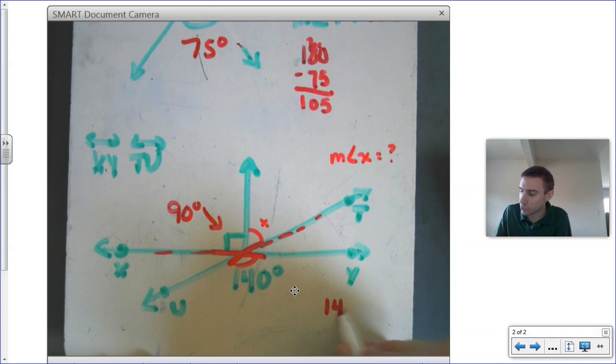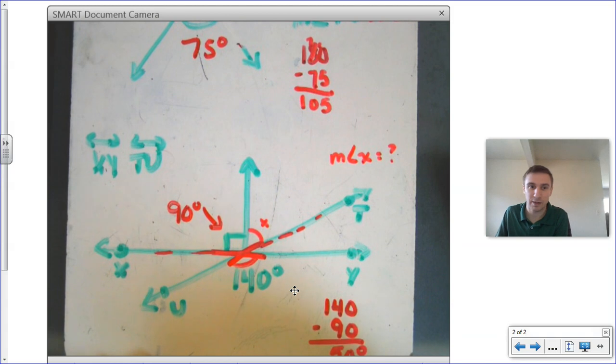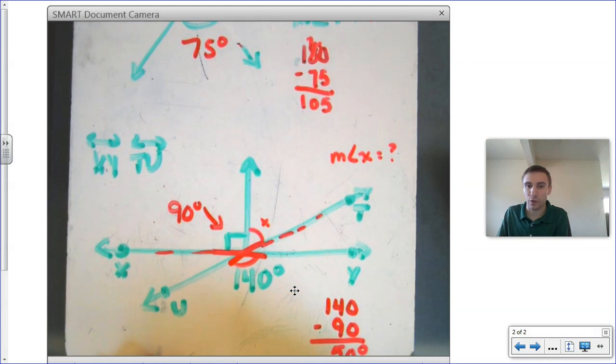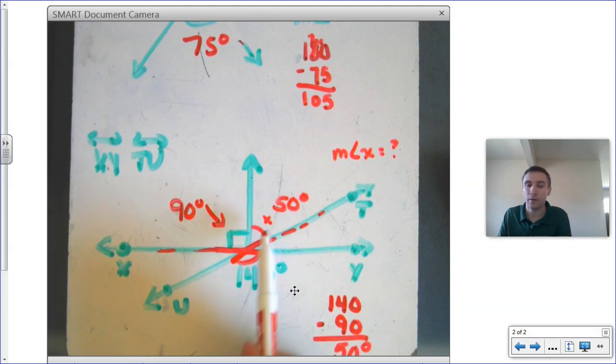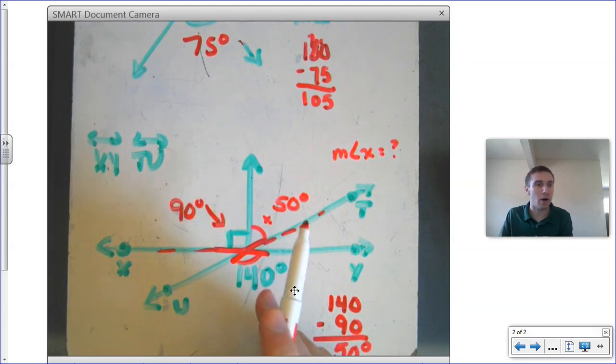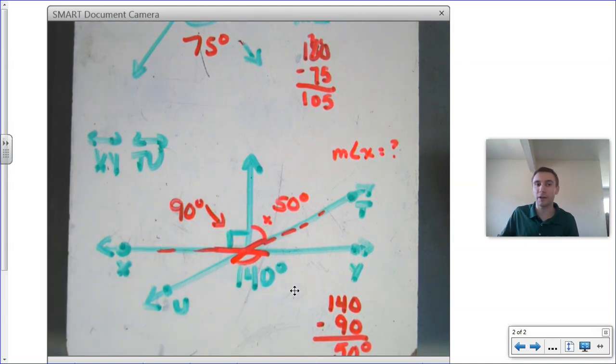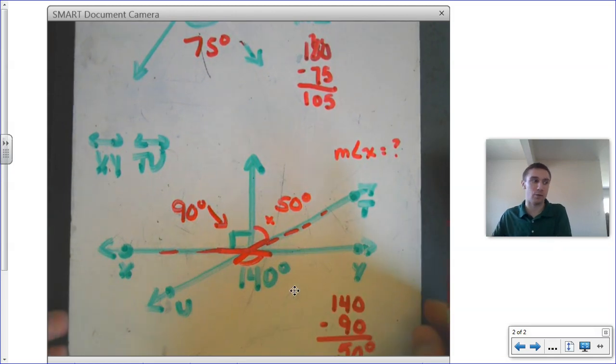I can do 140 minus 90 and get 50 degrees. So vertical angles can help me figure out missing angles within other vertical angles. So they're a very convenient way of figuring out what I need to actually find and use.